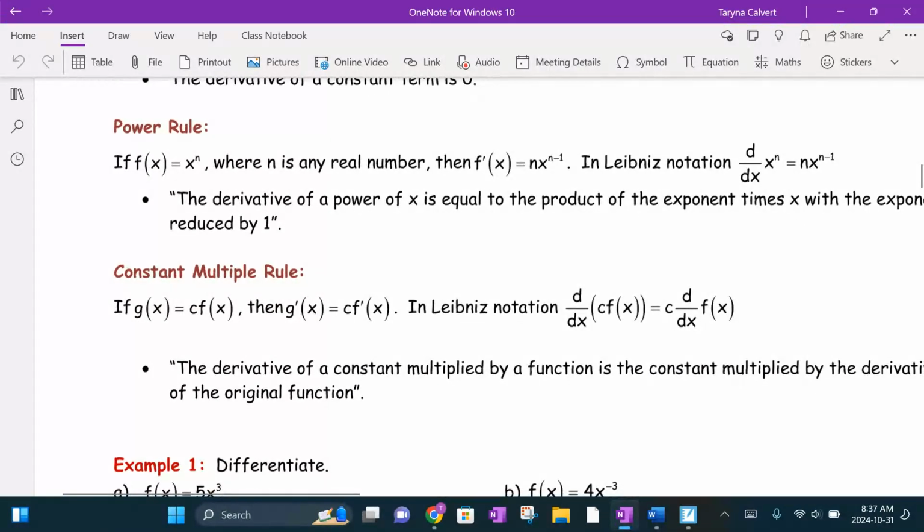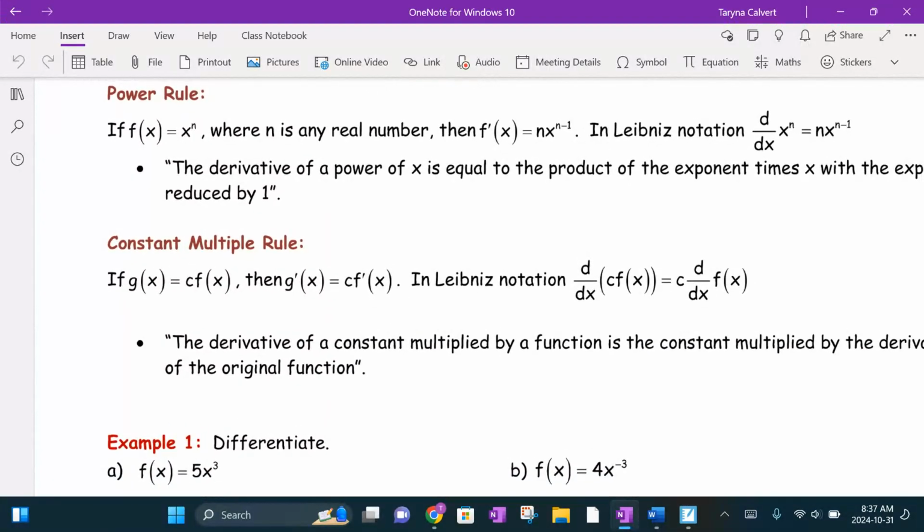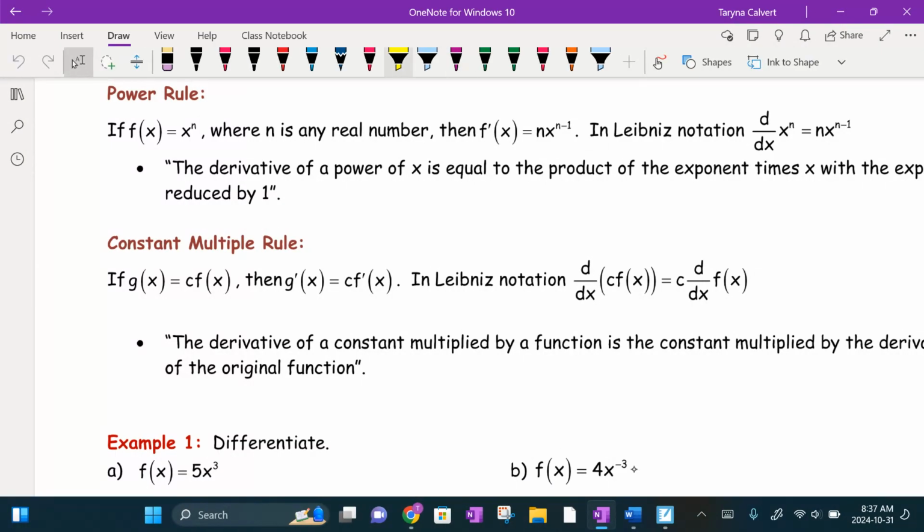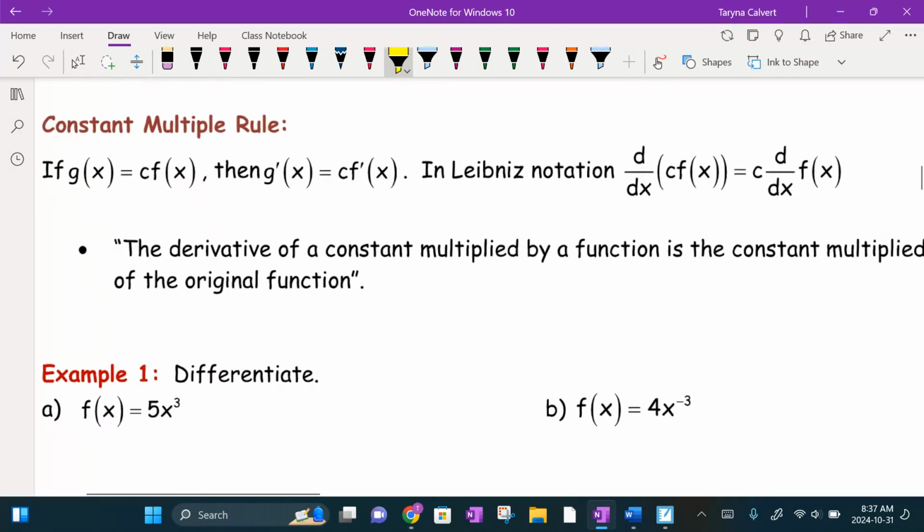Now our power rule, okay, is if you have f of x equals x to the power n, so you have a term, okay, to an exponent. How you can get your slope function in one quick, easy step, right? Look at this pattern. I'm just going to highlight it so you know what I'm looking at.